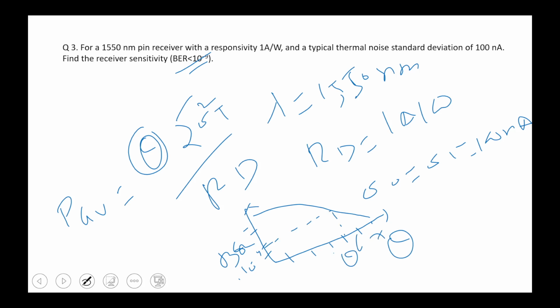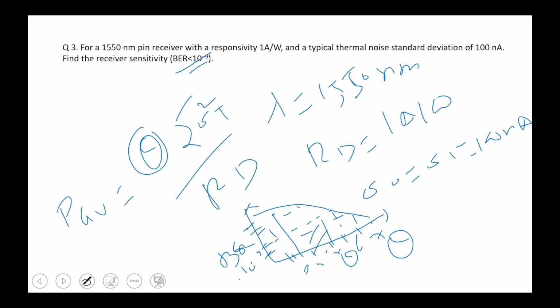Yeah, 6, 7, 5, 4, 3, and so on. So if my bit error rate is less, then the quality factor will be higher; they are related.